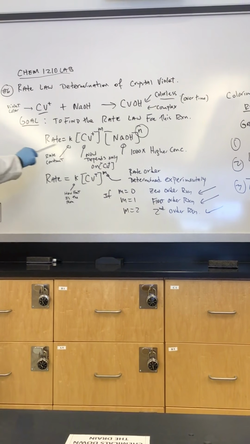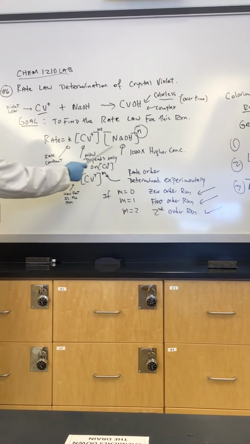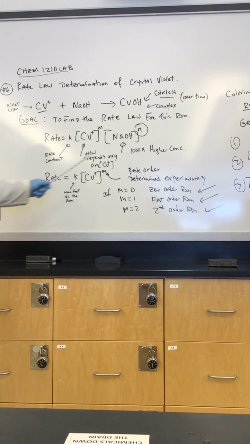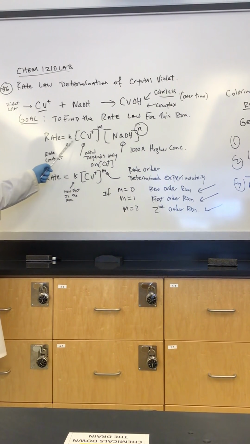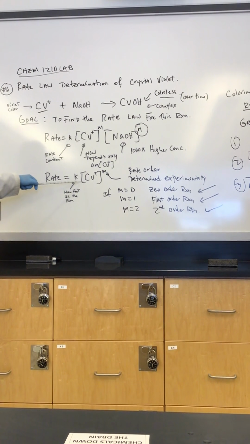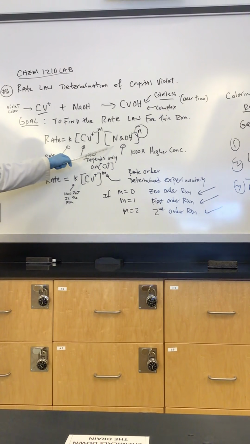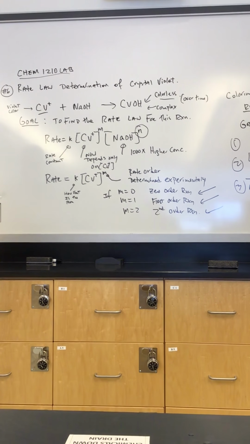In this reaction, we are going to do one more modification. That is, we are going to deliberately make the sodium hydroxide concentration 1,000 times higher, so our rate law now only depends on the crystal violet, okay? Because there's such a higher concentration, the rate law is just on CV, okay?